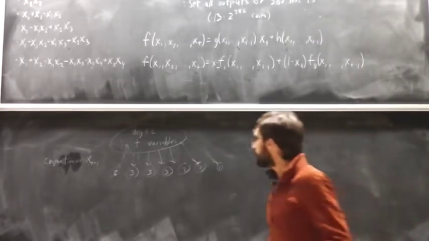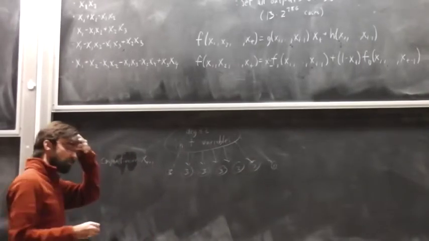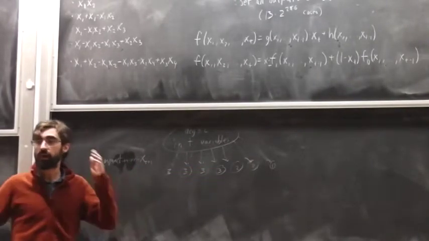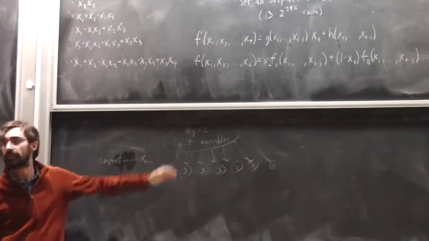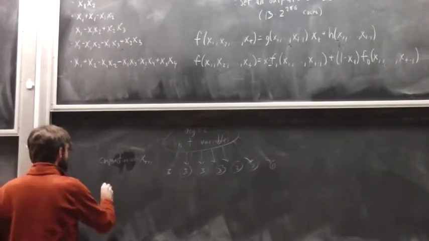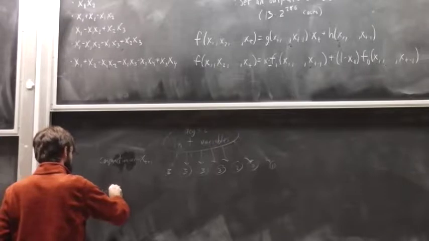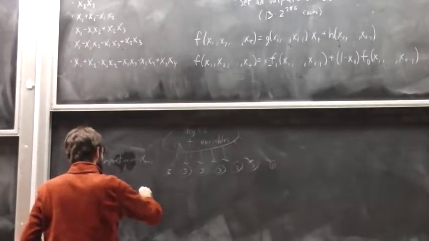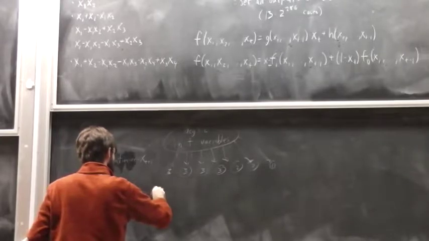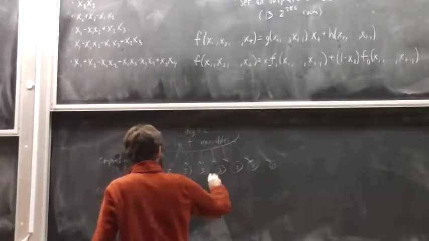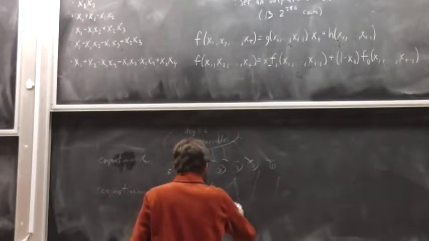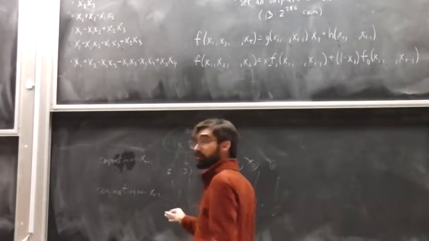So this process gives us a whole bunch of functions. Some of them might be old, some of them might be new. We take conjunctions of those, and we get a whole bunch of new levels.